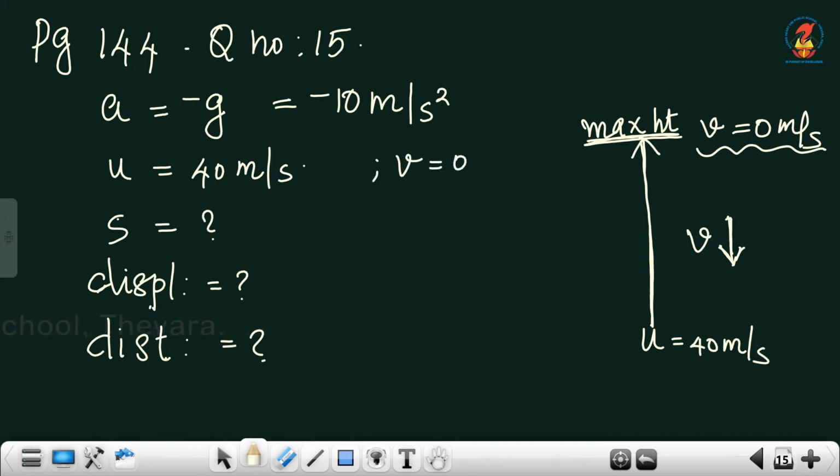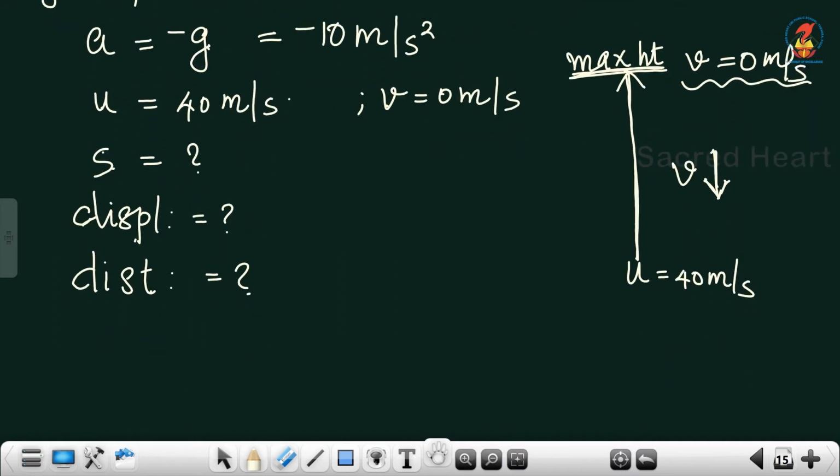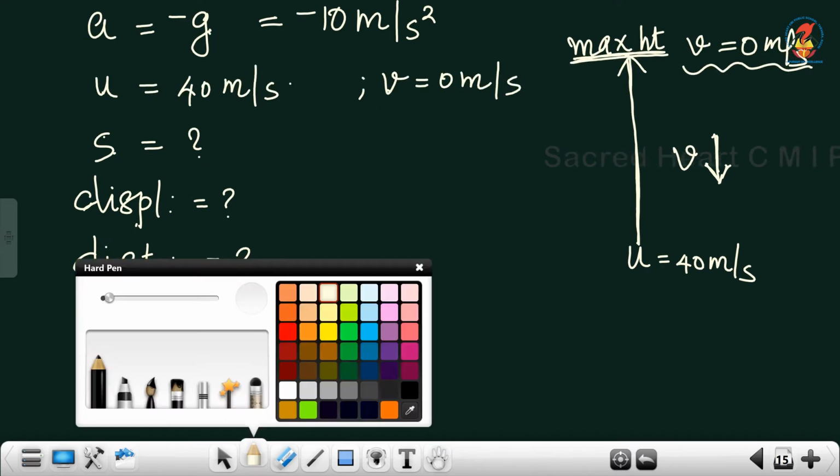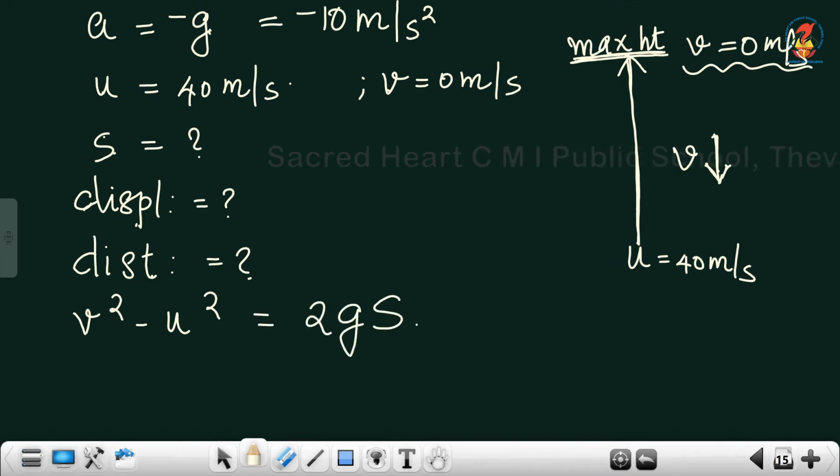So V is 0 meter per second. So you have V, U and g values and need to find S. The equation connecting all these quantities is V square minus U square is equal to 2gS.